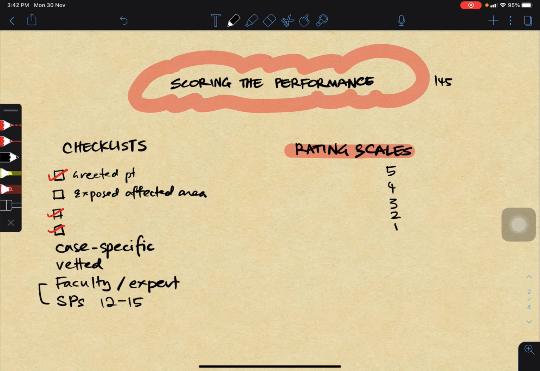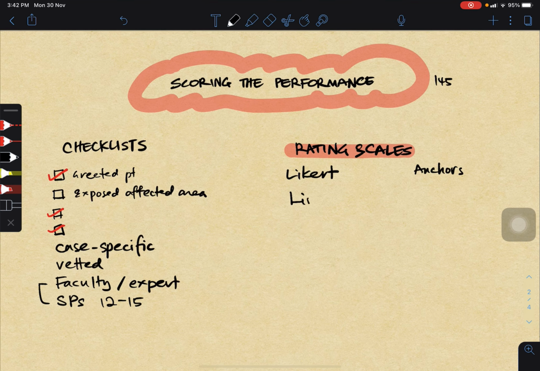They describe rating scales very well, and they talk about the anchors. Okay, how we anchor the scales, the ratings. So you talk about Likert scale item, and you talk about linear scale items or Likert type.